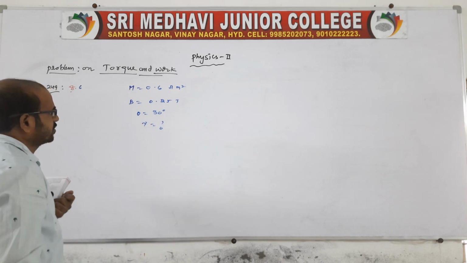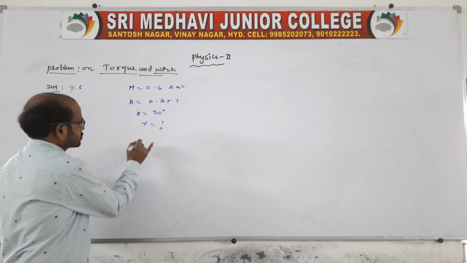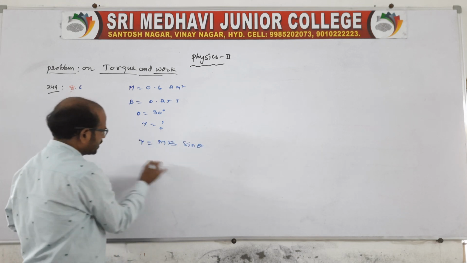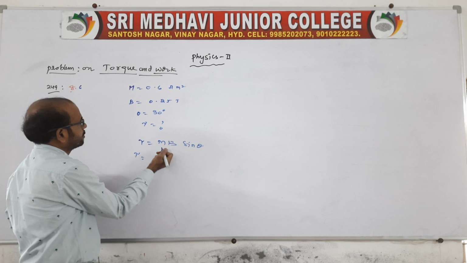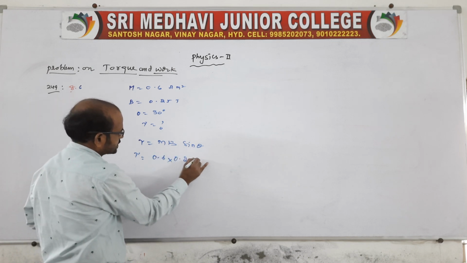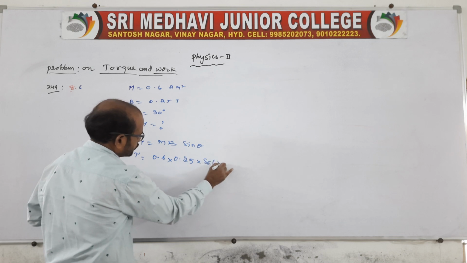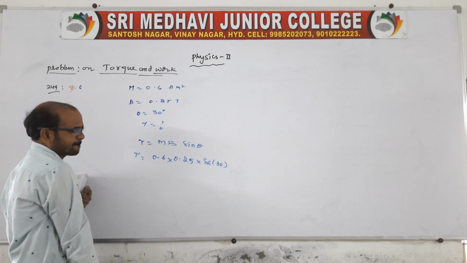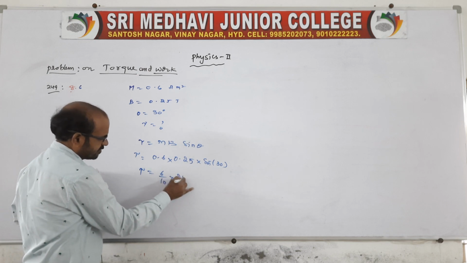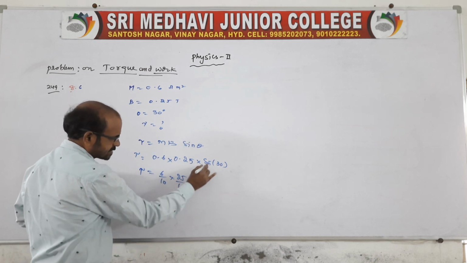Everyone knows the torque relation, torque is MB sin theta. Therefore torque is equal to M is 0.6, B is 0.25 and sin 30. Of course we know sin 30 is nothing but 1 by 2.